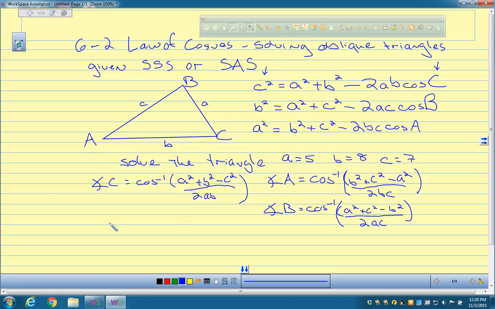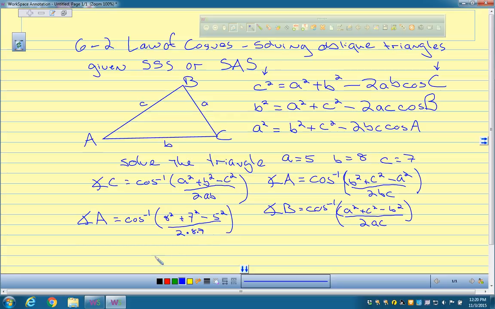So let's find angle A. Okay? So angle A is going to be equal to the inverse cosine of B squared, which is 8 squared, plus C squared, which is 7 squared, 49, minus A squared, 5 squared, divided by 2 times 8 times 7, right?